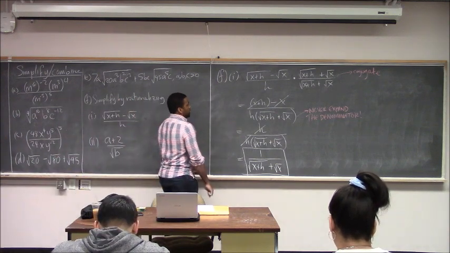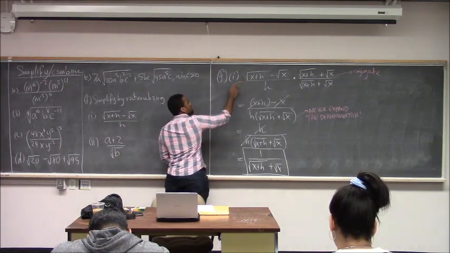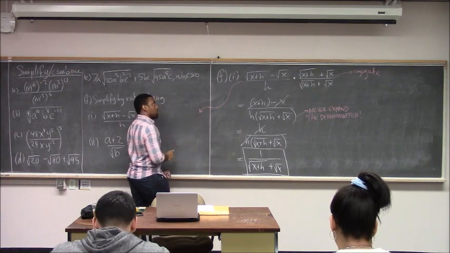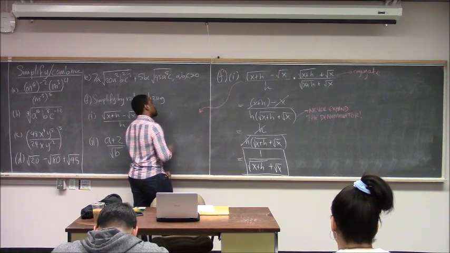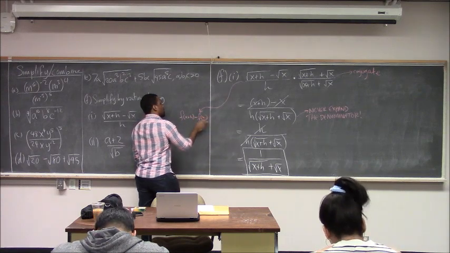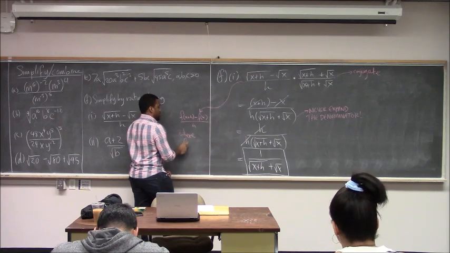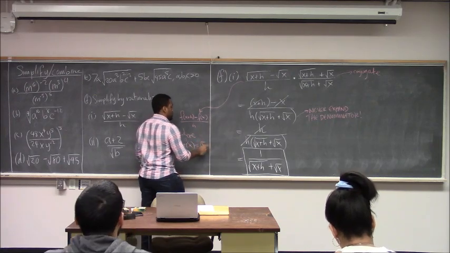Now we'll talk about this a little bit more when we get back into functions, but you might notice that this guy has a form that we spoke about, I believe, in the first lecture. F of x plus h minus f of x over h, where here, in this situation, your f of x is actually the square root of x.